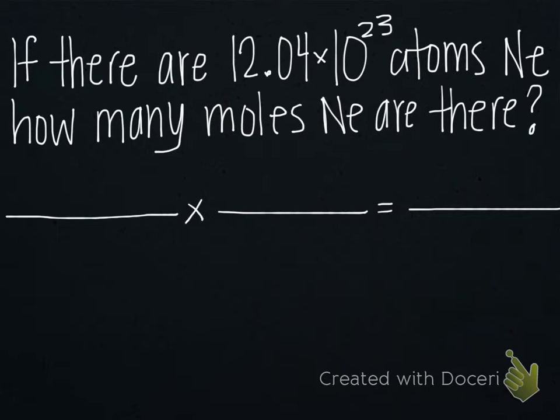Okay, so in this question, what is it that we are given, or information that we know? 12.04 times 10 to the 23rd atoms Ne. So that's going to go on my first line.